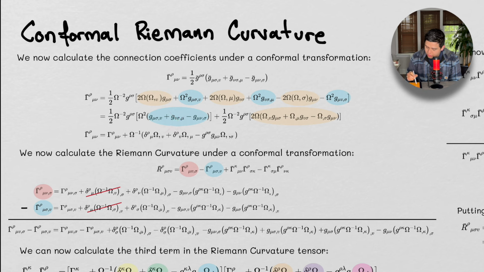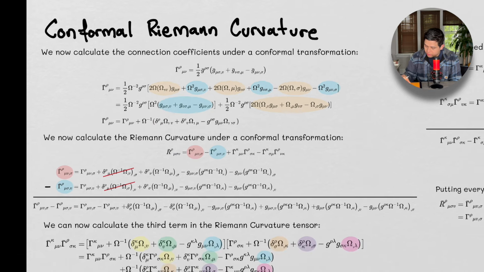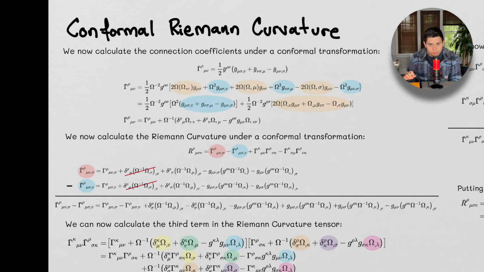So the conformally transformed connection is equal to the non-conformally transformed connection plus all of this here. And what I'm going to try to do throughout this video is color code a bunch of stuff so that things are easier to understand and follow.